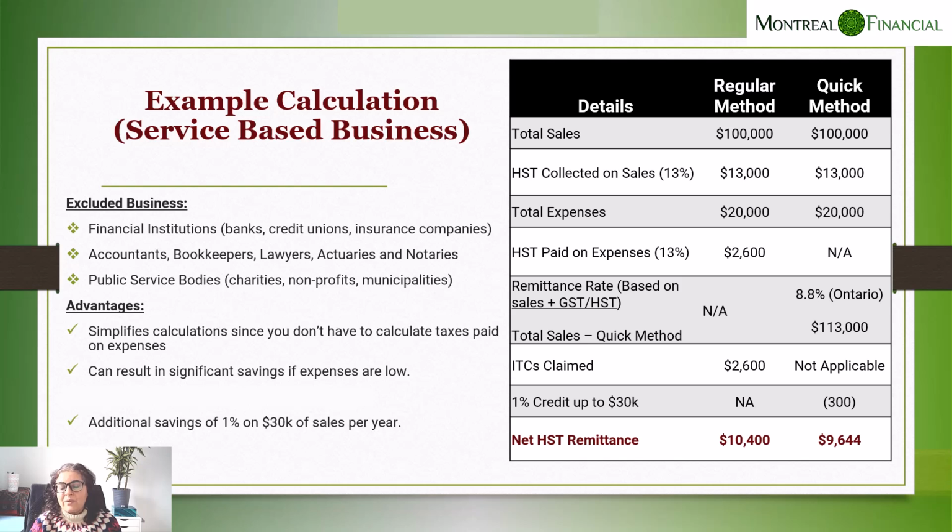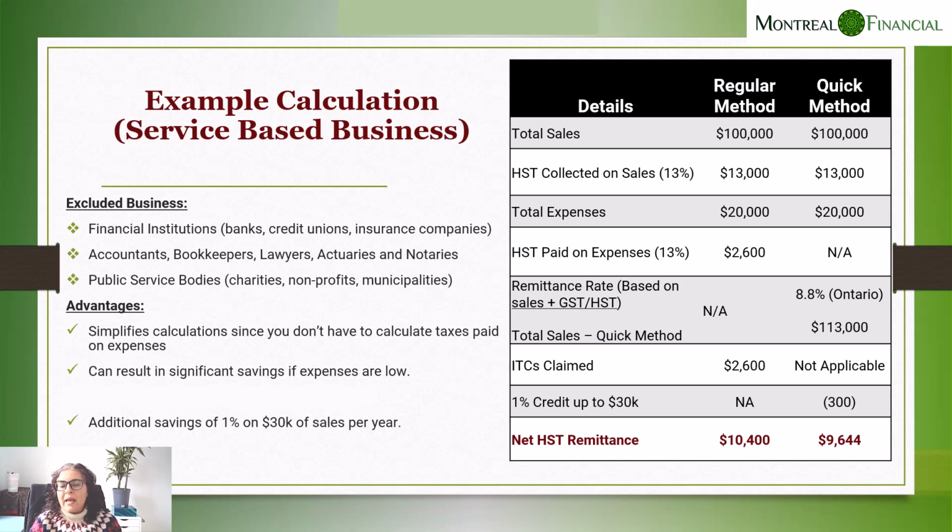Whereas under the regular method, you were only collecting and paying to the government the 13,000. So in addition, in the quick method, you are given a 1% credit up to $30,000 of sales. So in this case, the maximum credit applies to someone who has $100,000 of sales. You would get a $300 reduction in the amount that you owe to CRA.